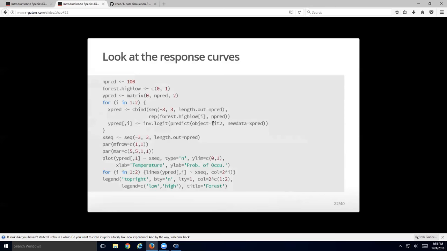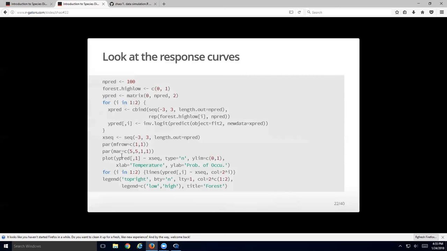The object is the best model, the second one, and the fake covariates is X predict. And since we have this logit link function, we have inverse logit.